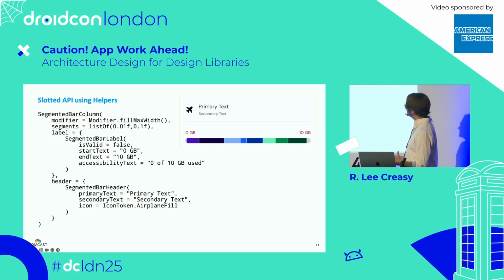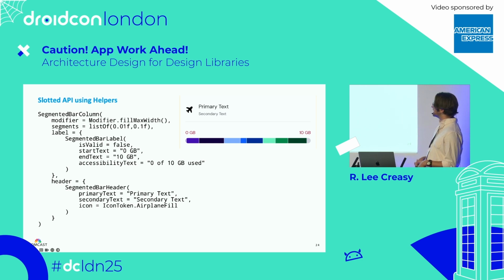It looks like a row, but it's actually a column because we stack the text on top of the actual bar. But you can see here how we're using the slots with helper methods to be really explicit about what it's supposed to be and what it's supposed to show.